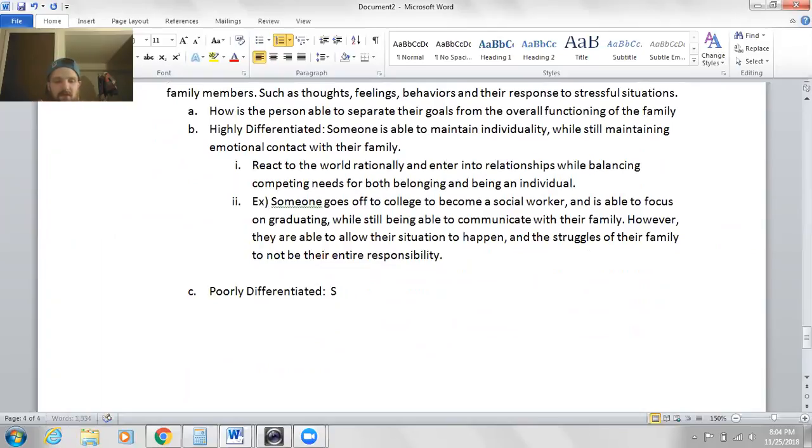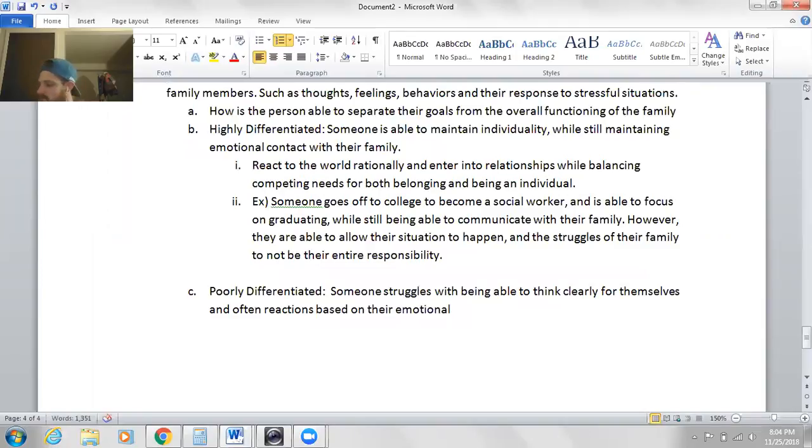So, poorly differentiated. Someone struggles with being able to think clearly for themselves and often reacts based on their emotional side, i.e., they are so involved in the situation they aren't able to view it objectively.